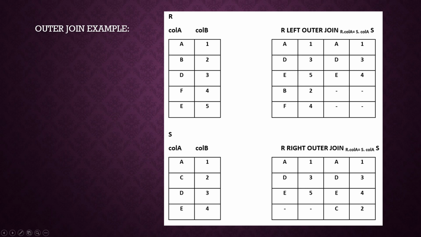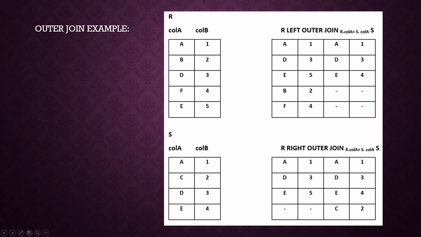Here there is a small mistake: it is given as R, but it should be S, and here it should be R. So in right outer join, we should keep all the elements of S. One thing is missing, C2, and that should be added at the end. We should keep all the elements of S and the common elements of R.